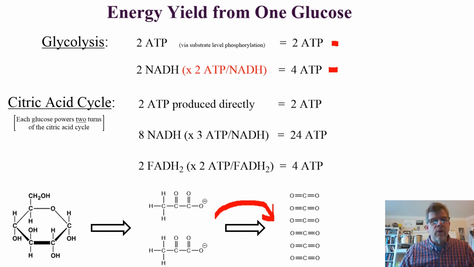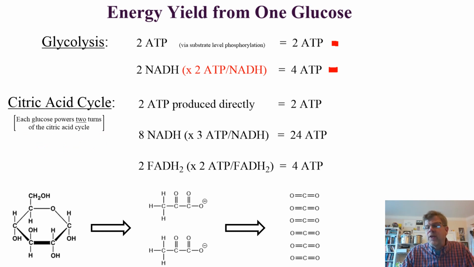So the important thing to remember here is in the citric acid cycle, we have 2 pyruvates, so each glucose powers 2 turns of the citric acid cycle. That's what I'm going to be ultimately adding up here.